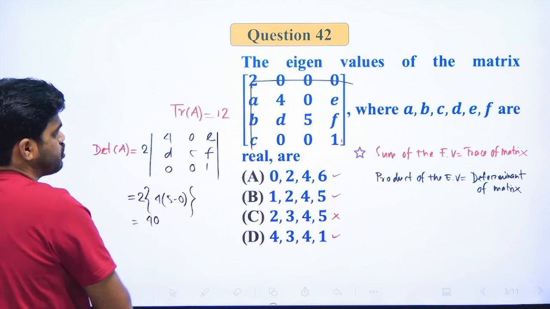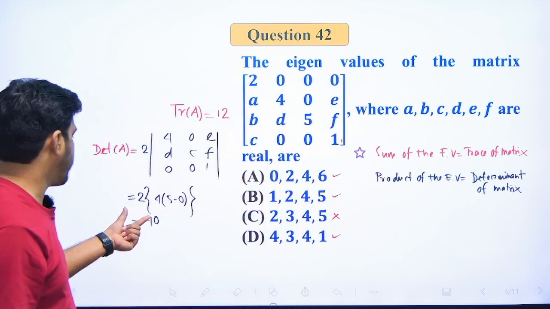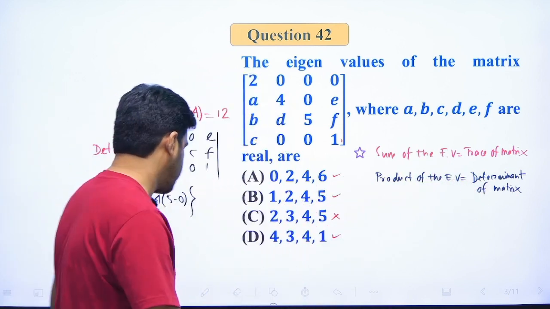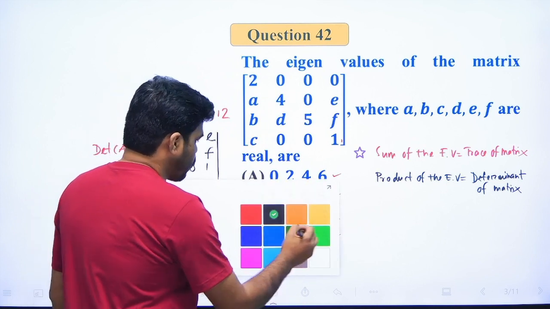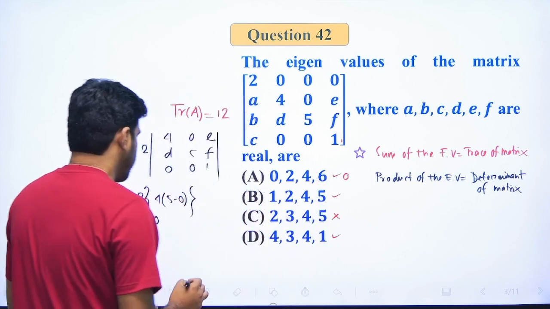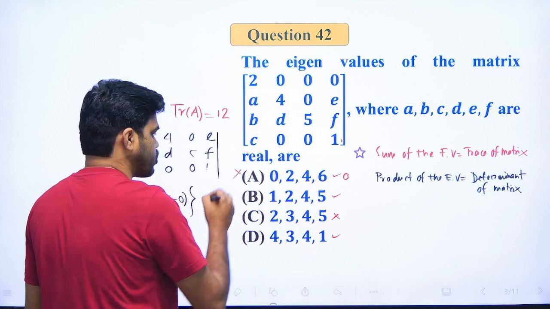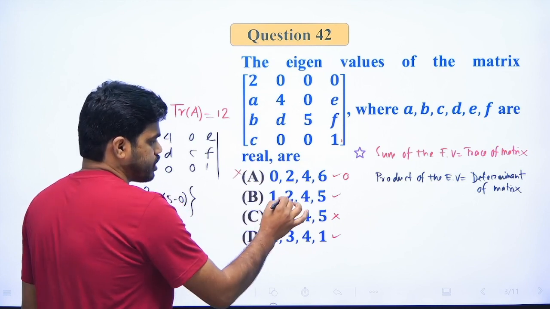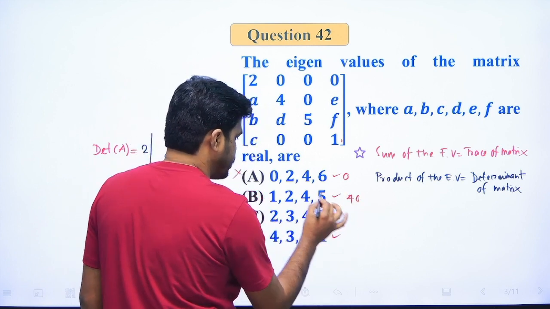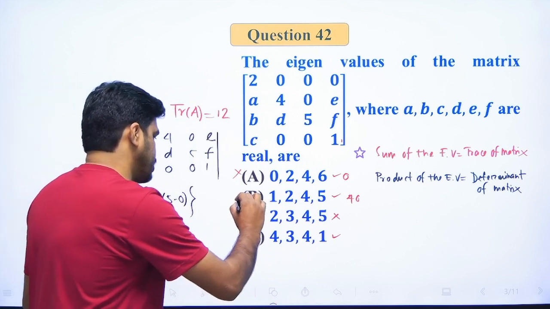The determinant is 40, that means the determinant value of this matrix is 40. Product of the eigenvalues is equal to the determinant of the matrix. Okay. Product of the eigenvalues, if we take the product of this, what do we get? We get 0, but my determinant is 40, so this is not possible. For this one, the product is 3, not 40. For this option, the product of the eigenvalues is equal to the determinant of the matrix, so this is correct.